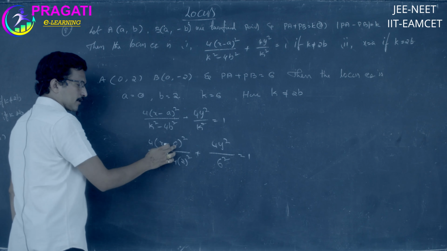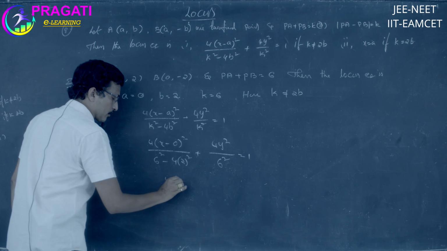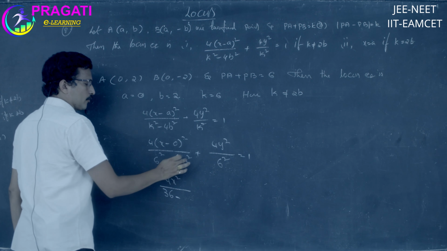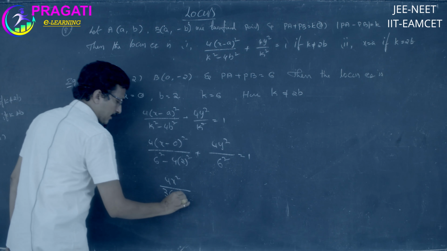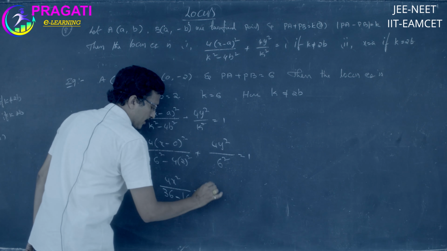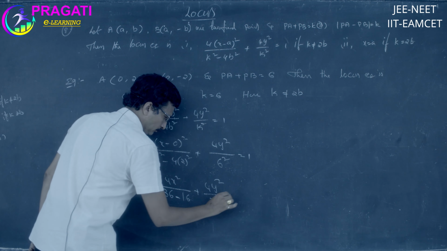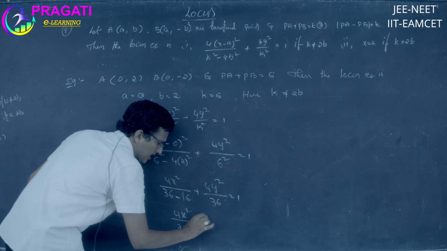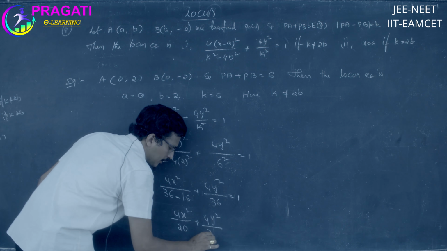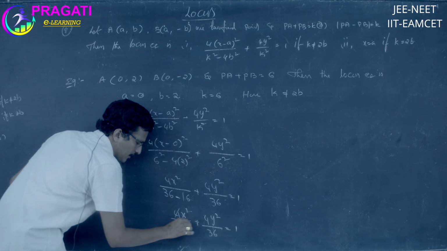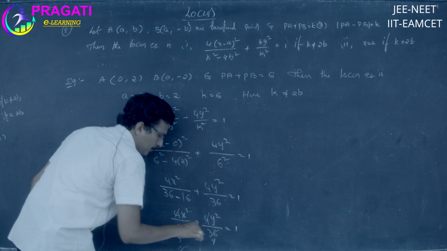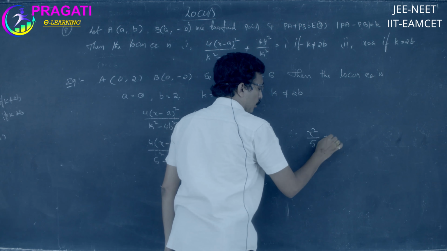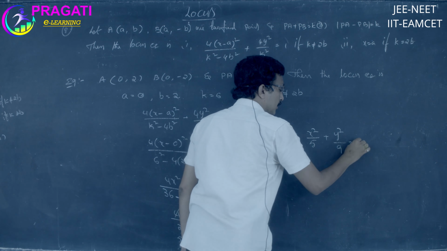That means 4x square by 36 minus 16, plus 4y square by 36, is equal to 1. So 4x square by 20 plus 4y square by 36 is equal to 1. After cancellation, 4 by 20 gives 5 and 4 by 36 gives 9. Therefore, the required equation is x square by 5 plus y square by 9 is equal to 1.